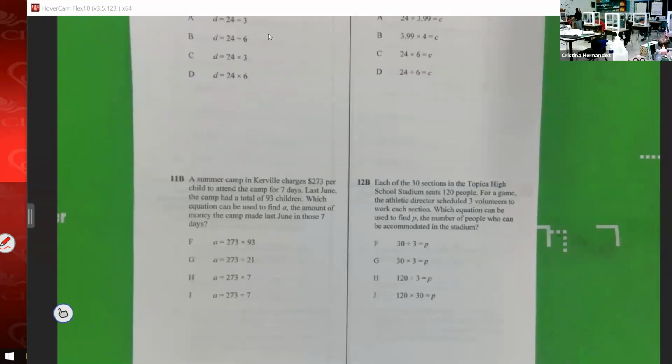Oh, I just said per means each. Shouldn't 273 be there? What would be your days? Your days would be like your groups. So what would go in your G? 7. So what are you looking for? The total.